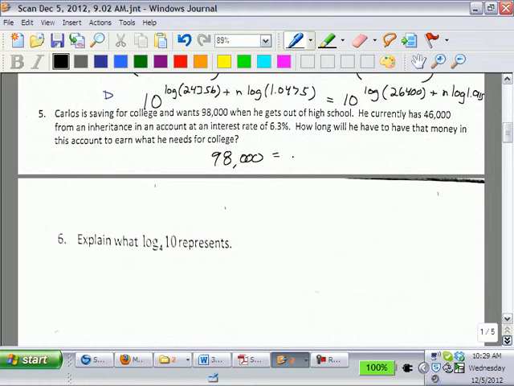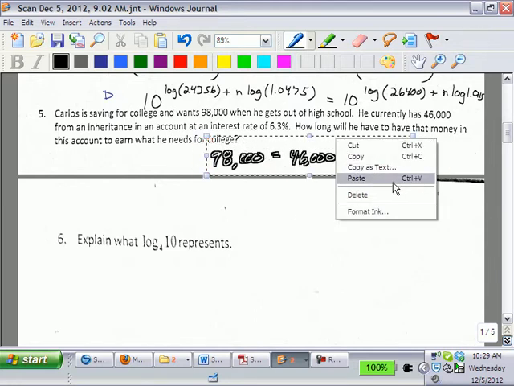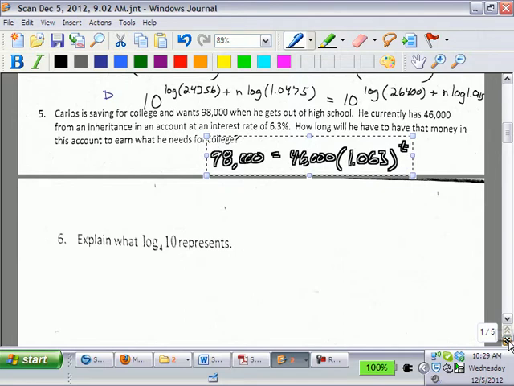He's starting with 46,000. And every year he gets to take his balance and multiply it by 1.063, and we're just curious to know how many years that is going to take. So we'll take this equation and go solve it.